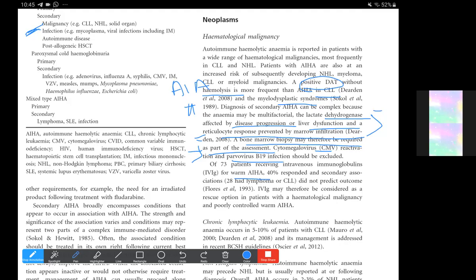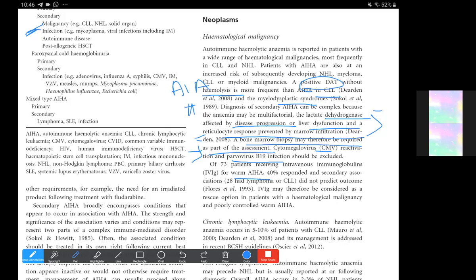So IVIG, they had mentioned earlier, is mostly prescribed in warm autoimmune hemolytic anemias, also in the emergency management.